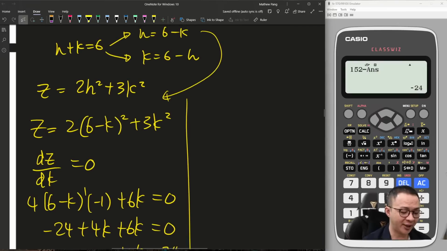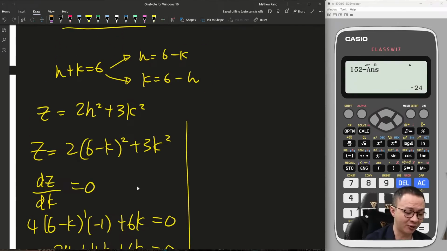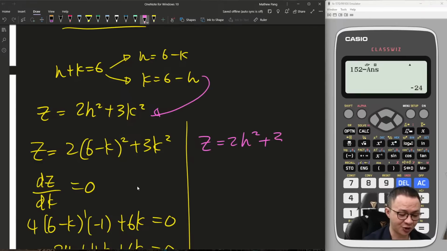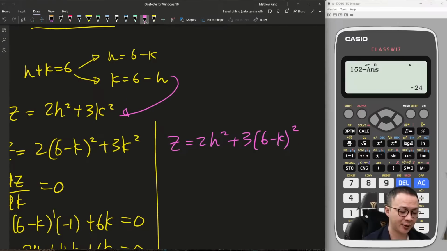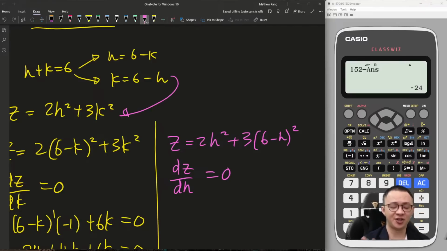So we want to make this equation into h. Right now, we sub the second equation back into here. So z equals 2h squared plus 3k squared. Okay, my k, sorry, this is h. So I will do dz/dh equals 0 for any stationary point.